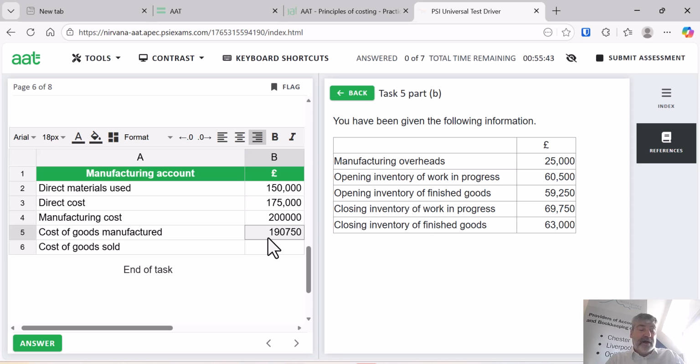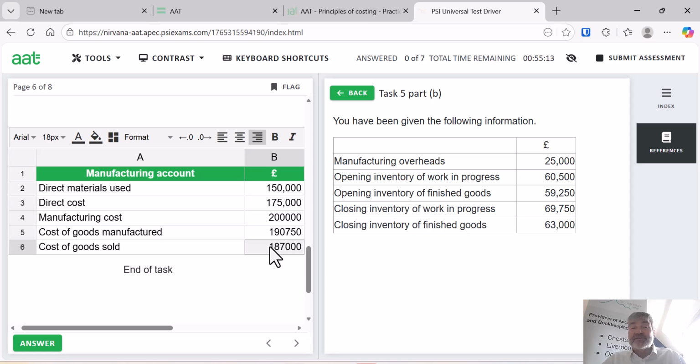So basically, I take my opening inventory value of finished goods, 59,250. I add £190,750, which is the cost of all the finished goods that joined the warehouse in the period, and I deduct the closing inventory of finished goods, 63,000. I get the cost of everything that must have been sold, £187,000.